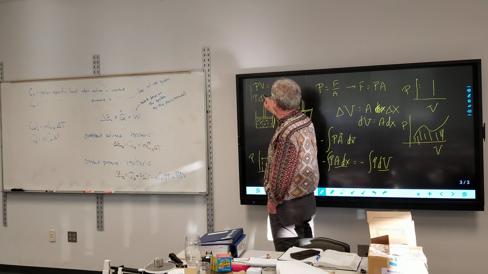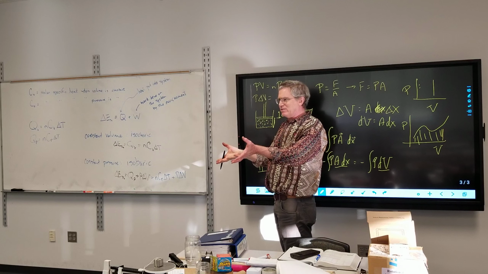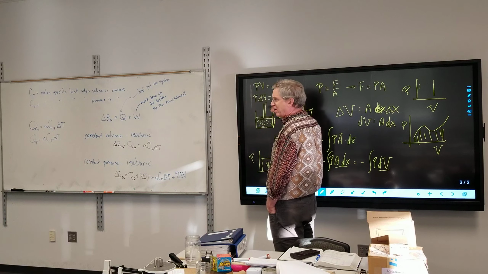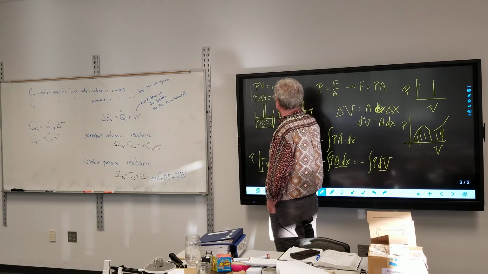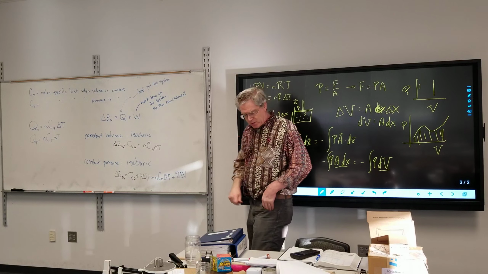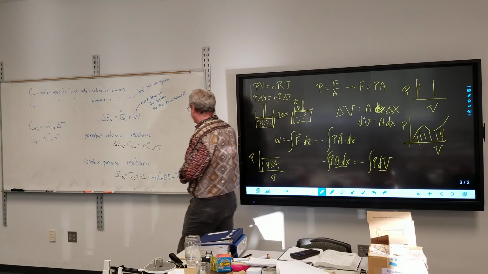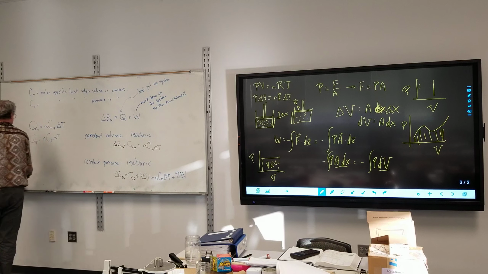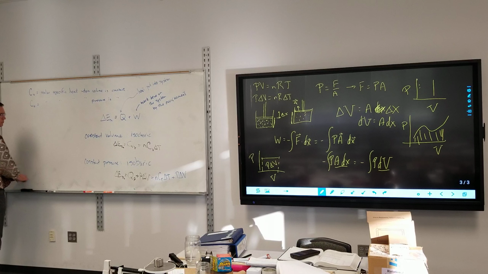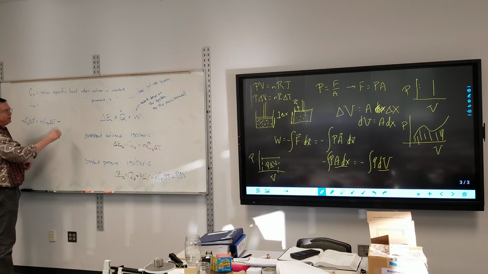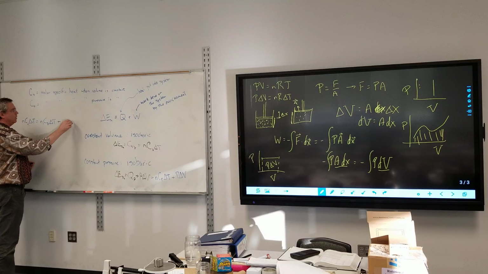So P delta V is equal to, well, if I have a set amount of gas, I'm not changing the number of moles, R is a constant, so that would be nR delta T. So my equation down here becomes nC_V delta T equals nC_P delta T plus, well, P delta V, which is nR delta T.